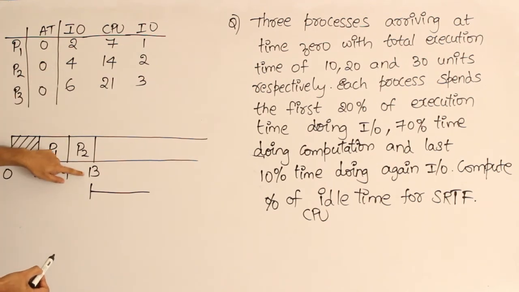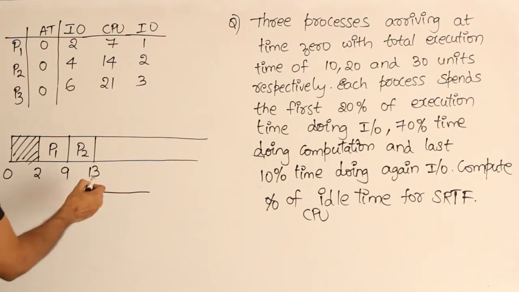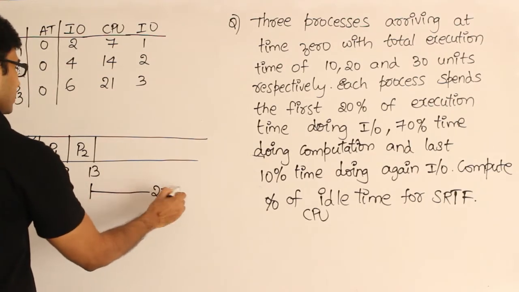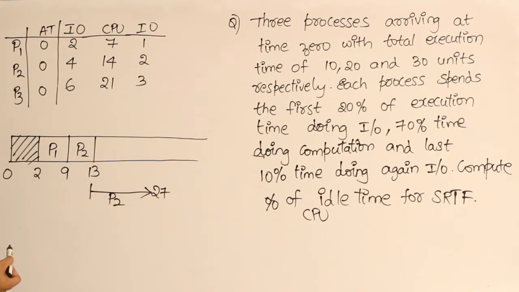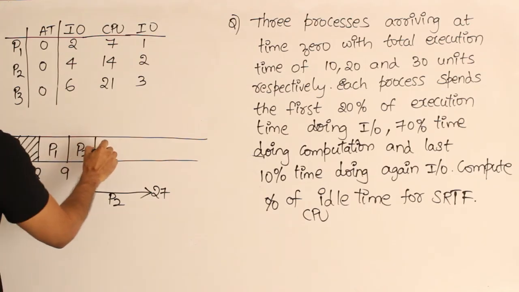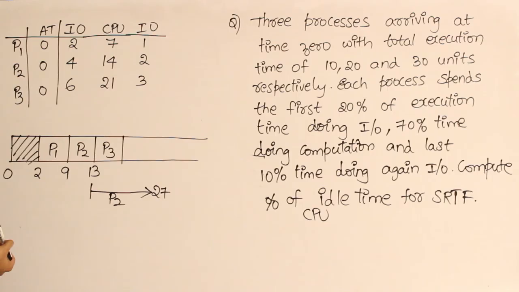If it starts at 13 and it requires 14 units of IO, it goes till 27. Right? And in the meanwhile, you cannot keep the CPU idle. Anyway, P3 is available, so let's schedule P3. Now if I schedule P3, it will run for 21 units of time.